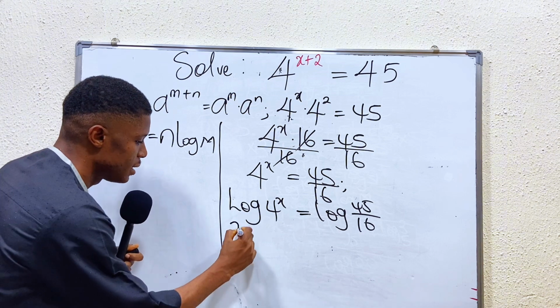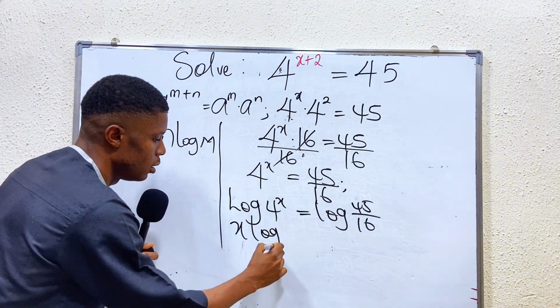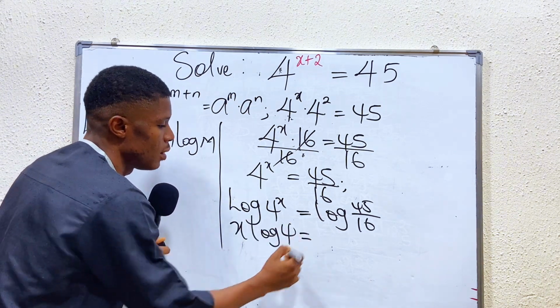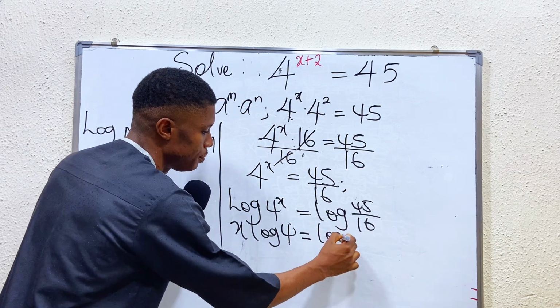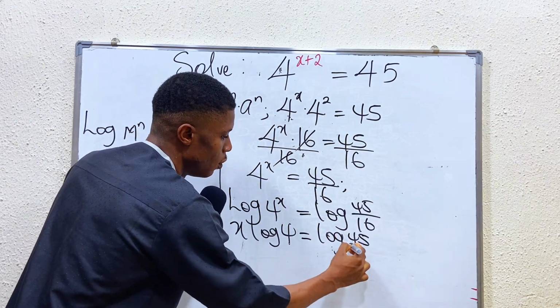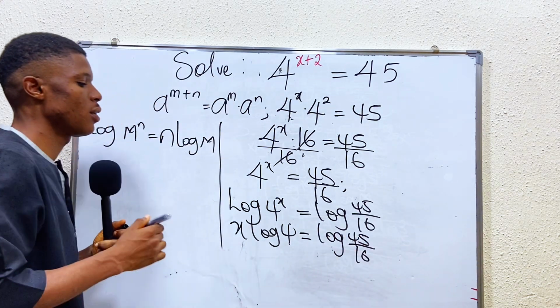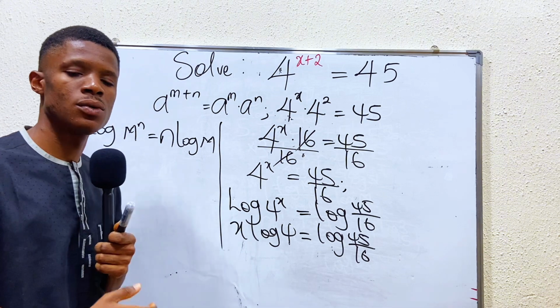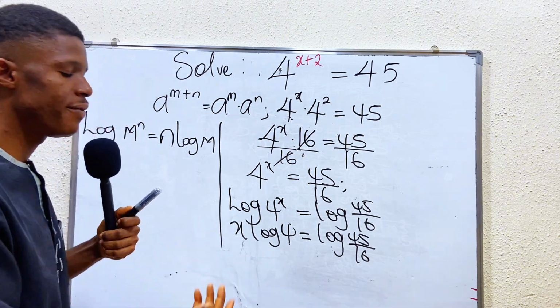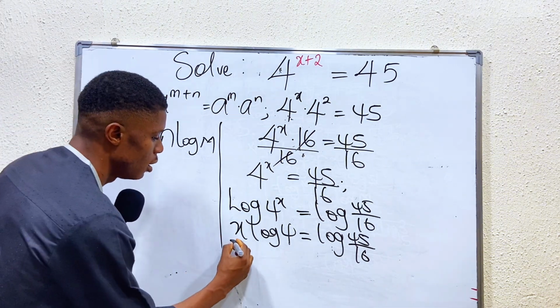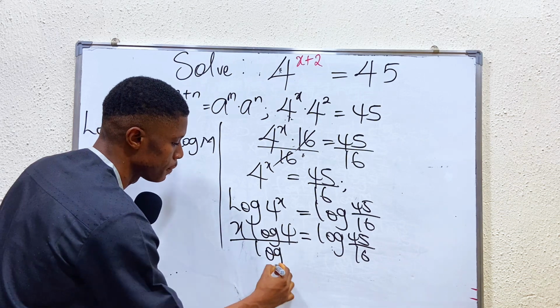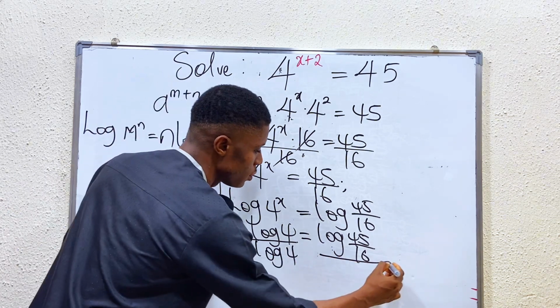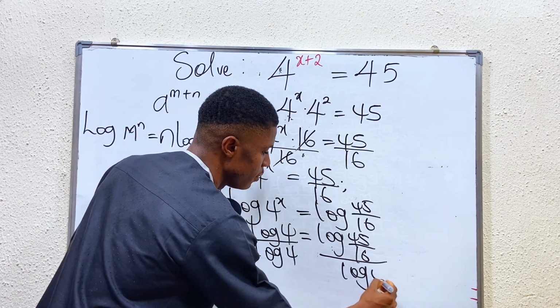So we have that x, which is what we are looking for, times log 4, is now equal to log 45 over 16. The next thing we do to get the value of x is to divide through by log 4. If you divide by log 4, you have to also divide this side by log 4.